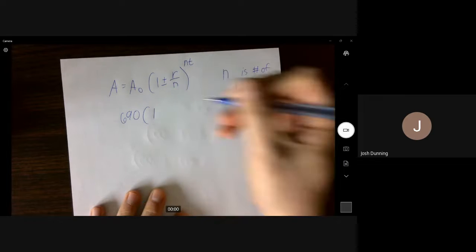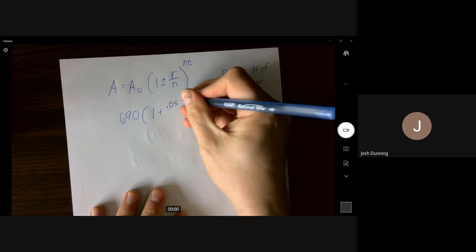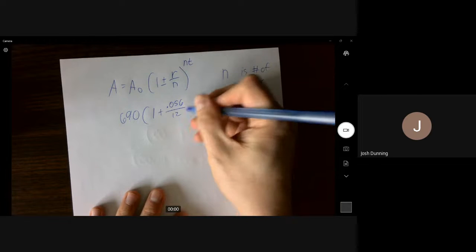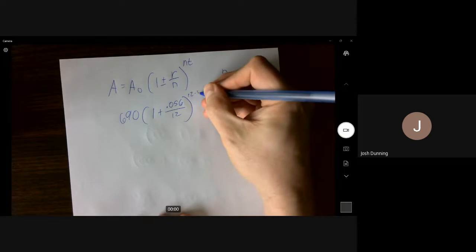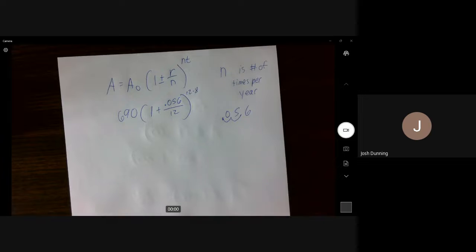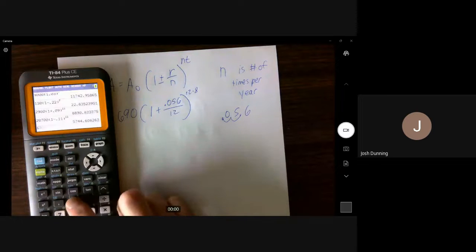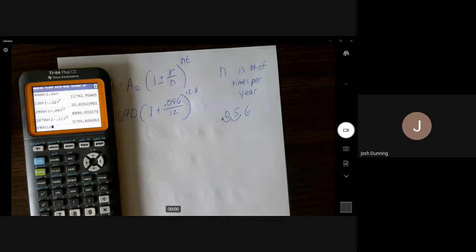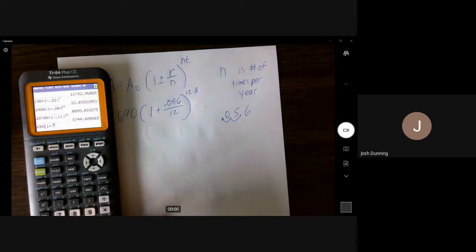So we got 1 plus 0.056 all over 12. 8 years, 12 times 8. So we just type that in. 690 parentheses 1 plus, since we're earning money, 0.056 all over 12.